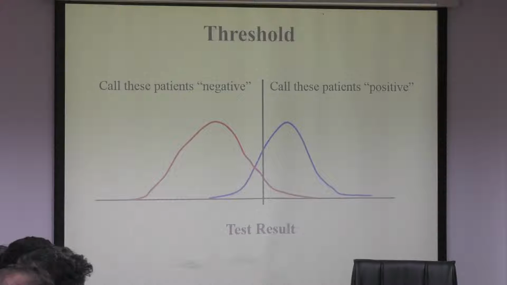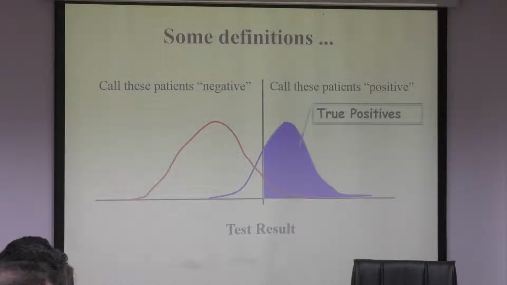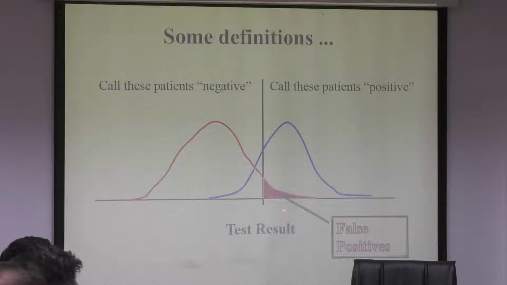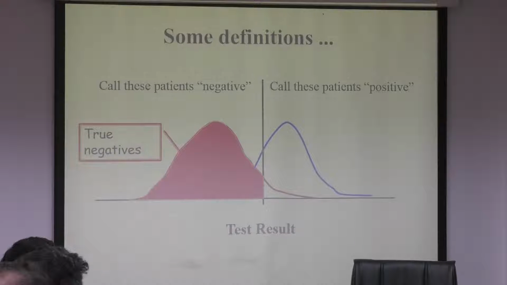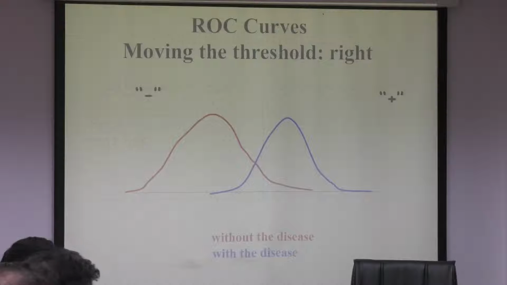Most of the time we have a certain amount of overlap that we try to find the best fit to. Now again, this is the true positives, this is the false positives, this is the true negatives, and this is the false negatives. Now, if I move this line which identifies positives or negatives, what happens?